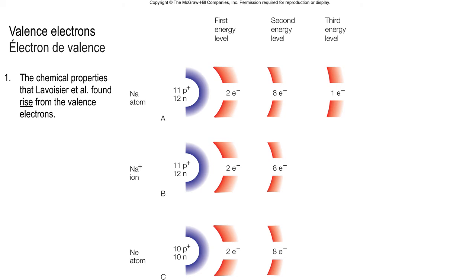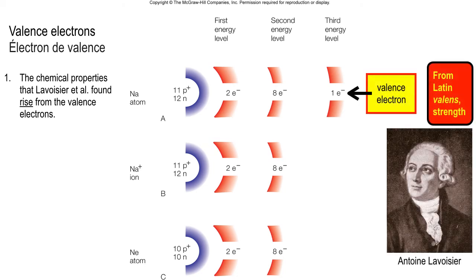Now, a little bit of terminology. The word valence, valence electrons, that's the terminology for the outer electrons. Okay, so all the chemical properties and stuff that Lavoisier and all those guys found over the centuries, we now believe the theory is that it's all because of what valence electrons are doing. They're being burglarized, or they're bonding together.